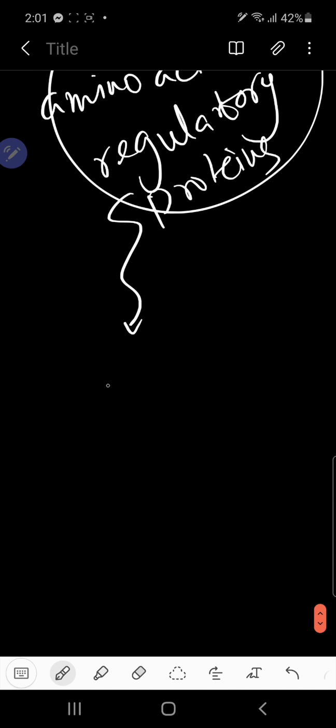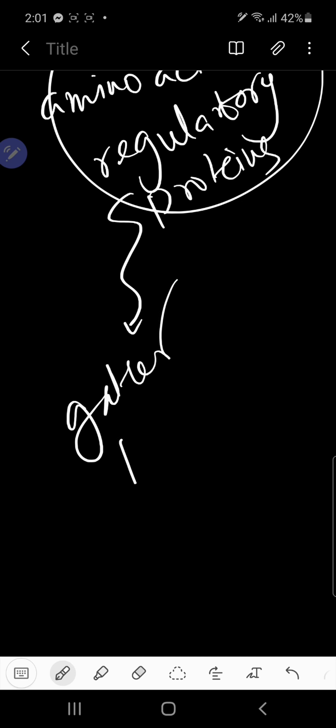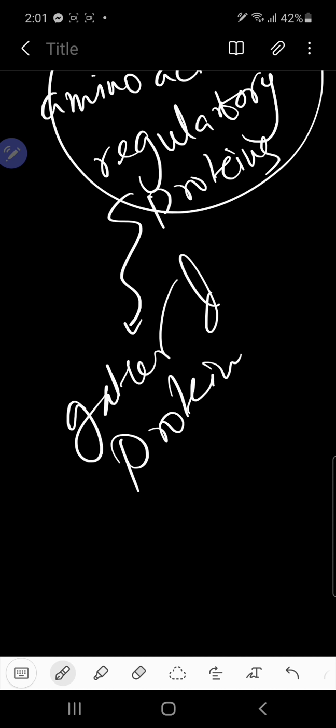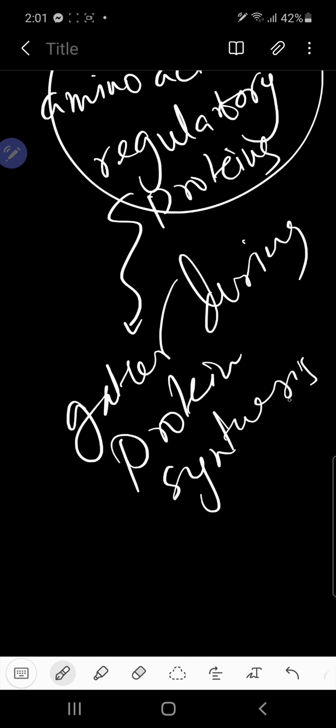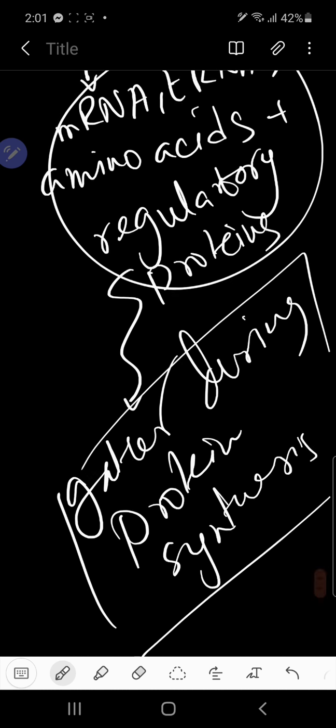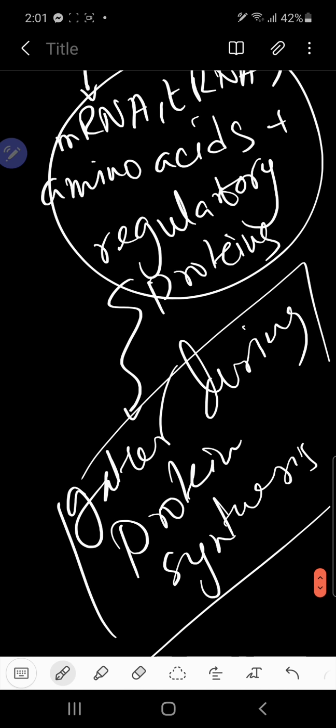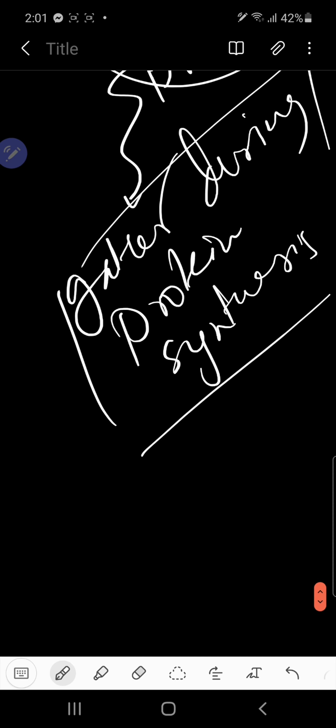All these substances can gather together at one place during protein synthesis. So these ribosomes allow these substances to gather together. We're going to talk in detail about protein synthesis in the central dogma of biology chapter.